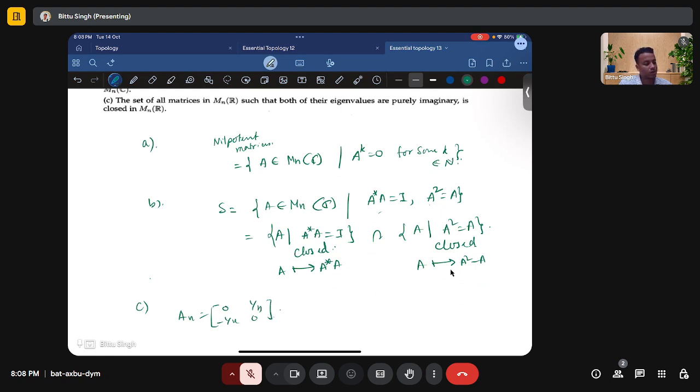So those eigenvalues are plus minus i by n, and all those matrices belong to this set S. But their limit is 0, whose eigenvalues are not purely imaginary. So I'll stop here. Thank you.